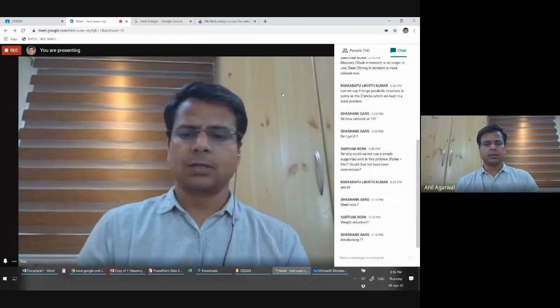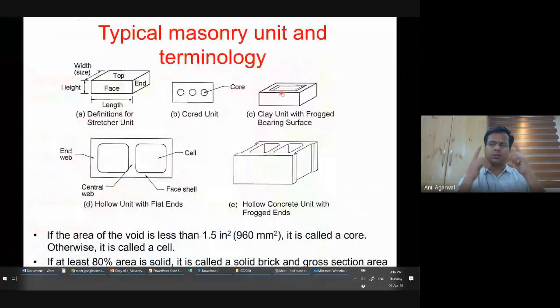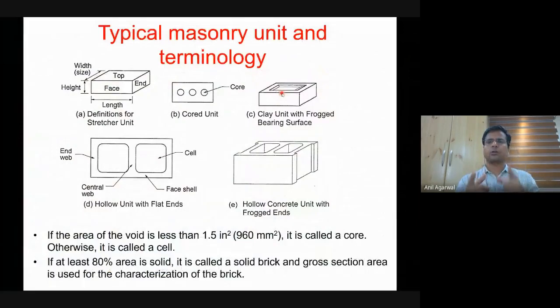Interlocking. Yes. It should not really be called interlocking, because for interlocking to work, the other brick should have the opposite of this depression. The brick that is going to sit on top of it should have some part protruding outward that will fit into this, but that is not really the purpose of frogs.